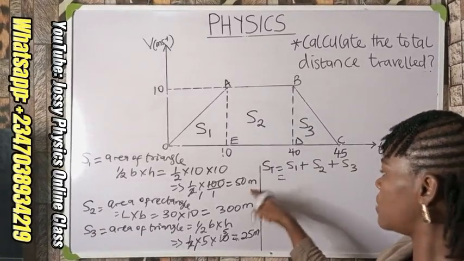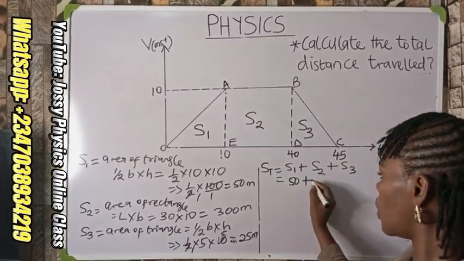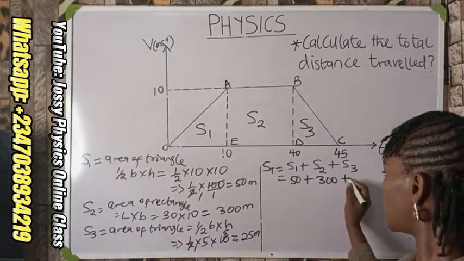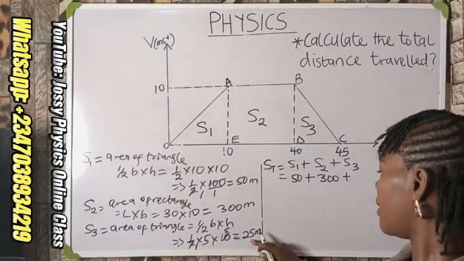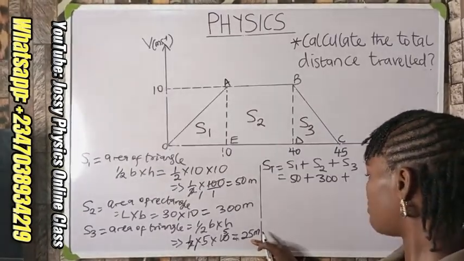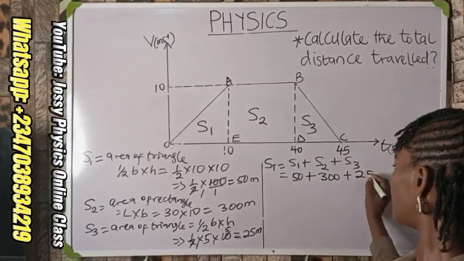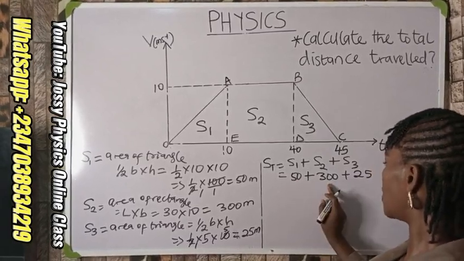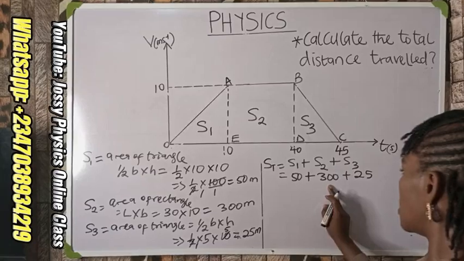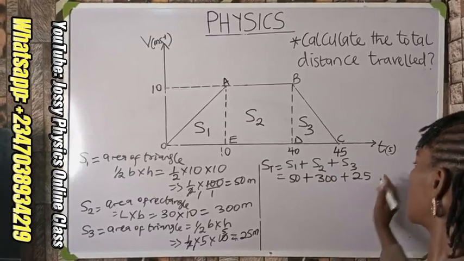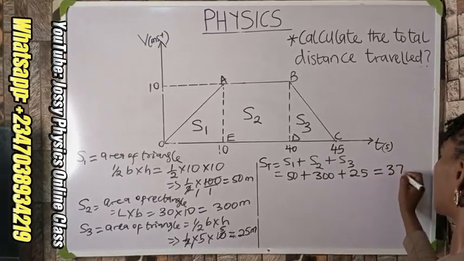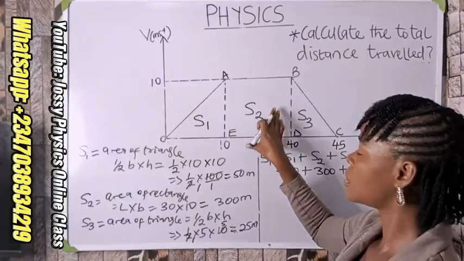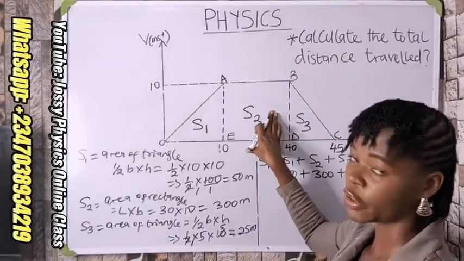My S1 is 50, plus my S2 is 300, plus my S3, which is 25. By the time we add, 50 plus 300 gives me 350, plus 25 gives me 375 meters. That is the total distance traveled by this particle on the board.